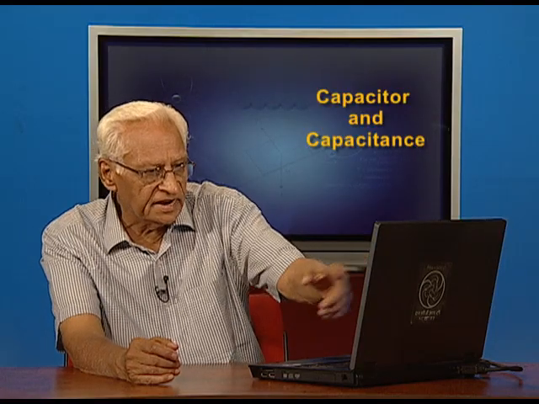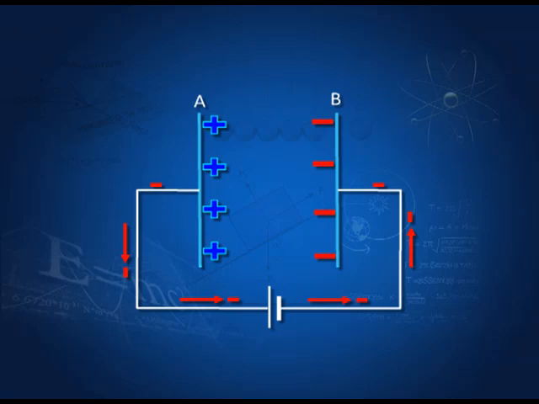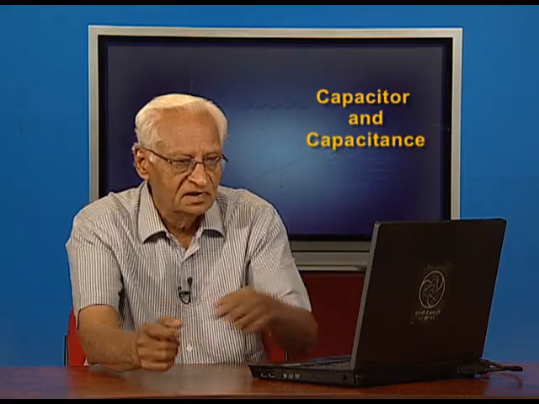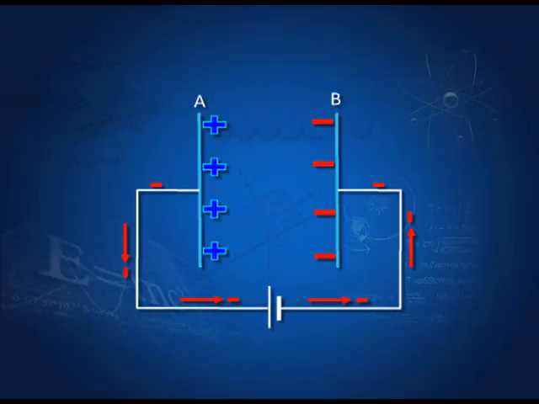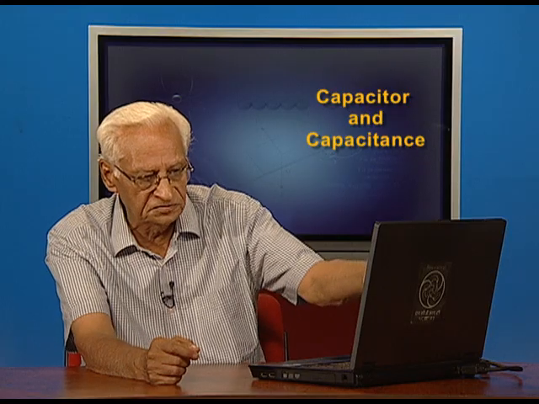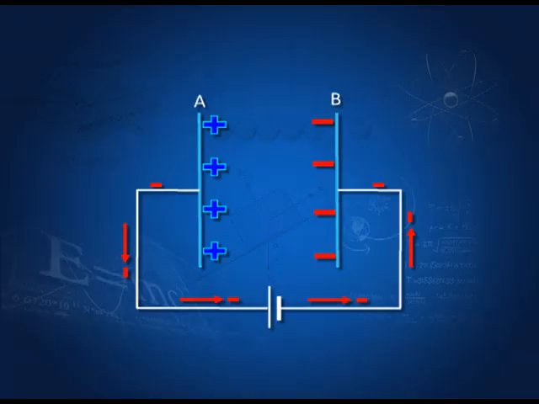So, as soon as the contact is established, the circuit is complete. What happens? The electrons from the battery, which are produced by chemical reaction, these electrons travel to this plate, negative plate. The electrons from this are pushed out, and therefore, it develops a positive charge, and these electrons again travel to the positive plate or positive terminal of the battery and go inside the battery and recirculate again.